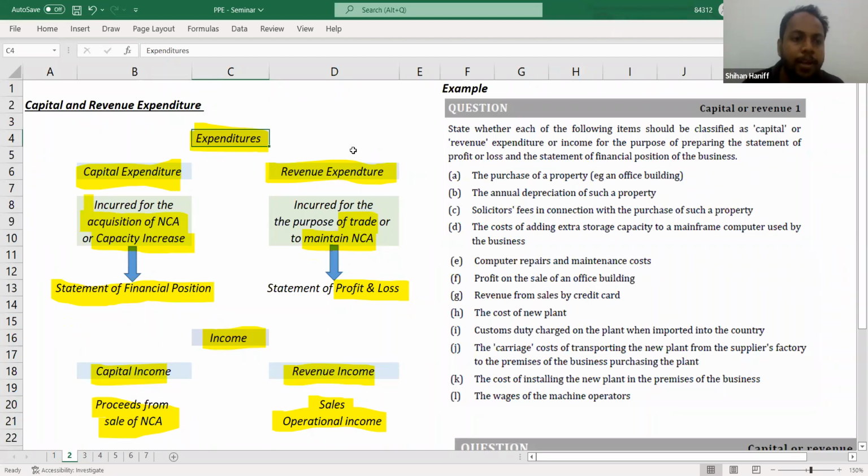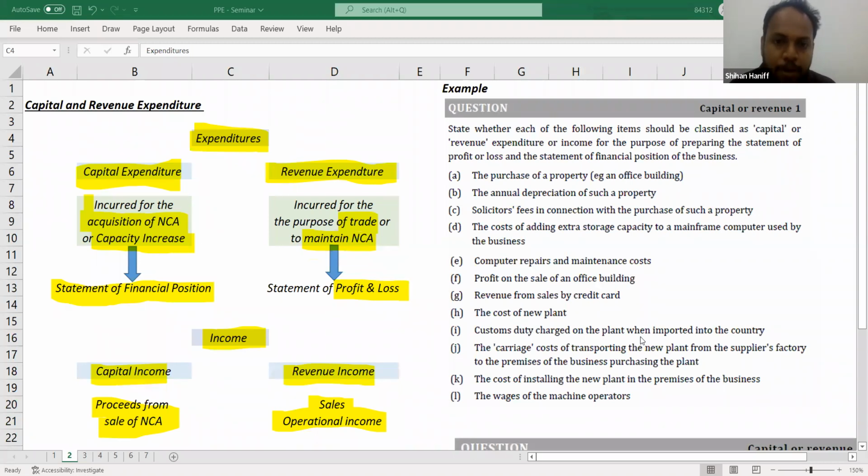If you paint the building, it doesn't increase the capacity. It is a revenue expenditure. Painting a building or maintenance, those are revenue, right? Try to do this. There are 12 questions. Then we'll see whether you have understood or not.